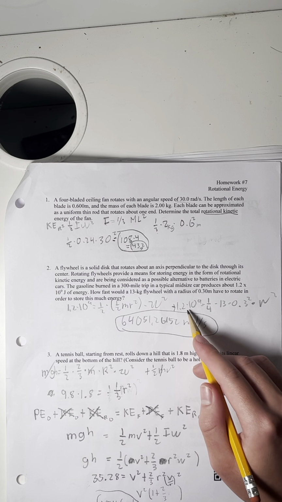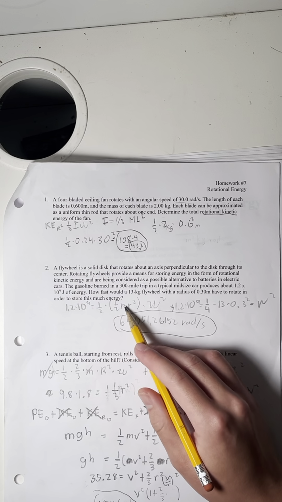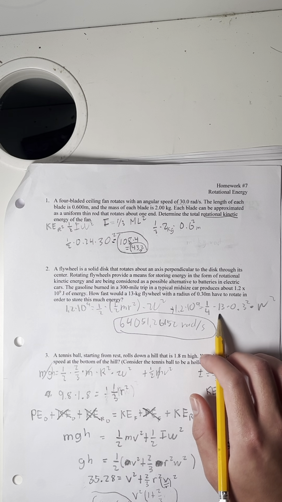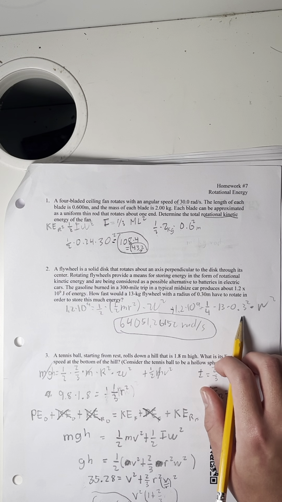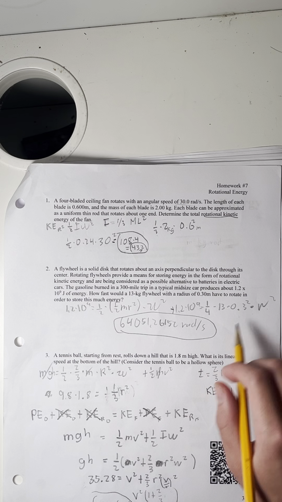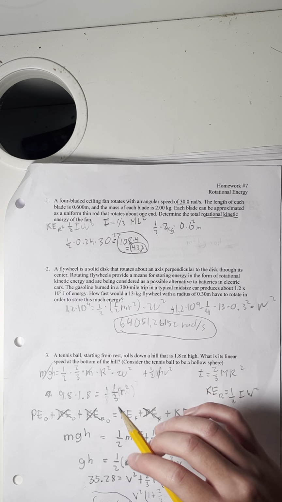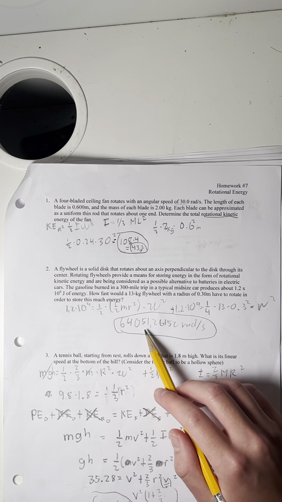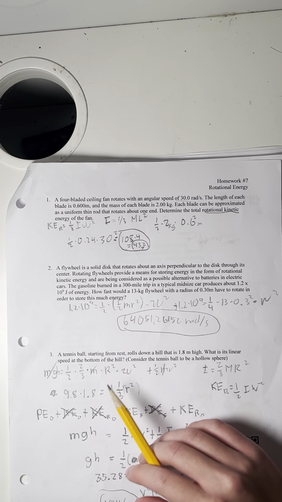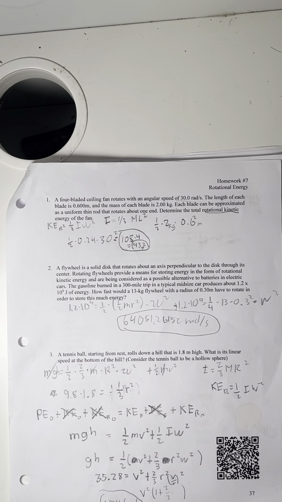So it's 1.2 times 10 to the 9th equals 1/4, because 1/2 times 1/2 is 1/4, times our mass, which is 13 kilograms, times our radius, which is 0.3 meters, times our omega squared, which is what we're trying to solve. If you do a little bit of punching into the calculator and rearranging, you should get 64,051.26 radians per second. So this is kind of easy, because it's mostly plugging in and rearranging.